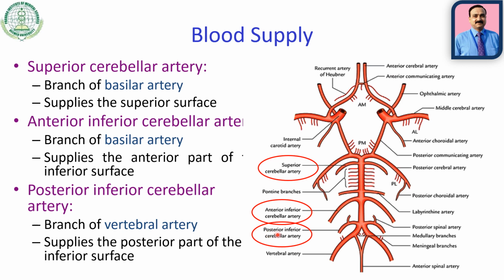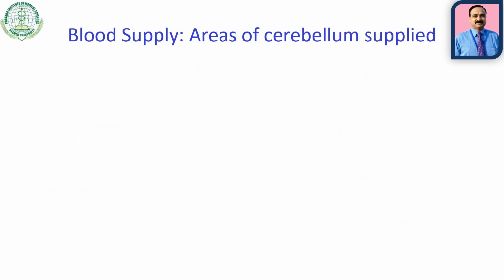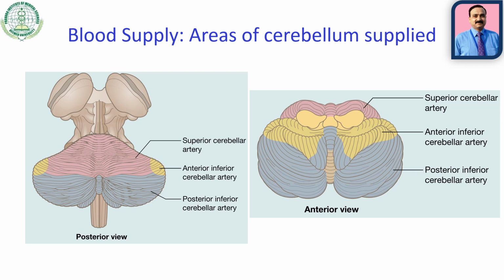And the name itself tells you it will supply the posterior part of inferior surface of the cerebellum. So if you want to locate the areas, you can make out here. This is posterior view of cerebellum and this is anterior view of cerebellum. And the three colors give you the complete distribution of the arteries supplying the cerebellum.